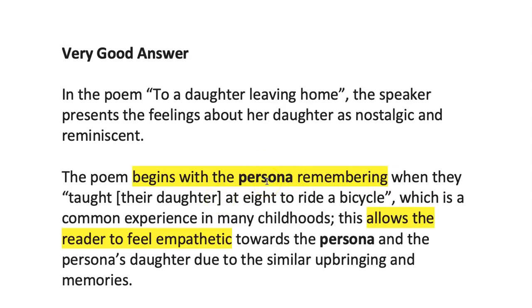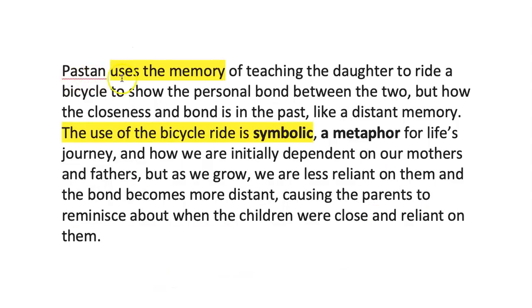Persona is terminology, yellow is a method. "Which is common experience in many childhoods. This allows the reader to feel empathetic towards the persona." So that's another method. "And the persona's daughter due to the similar upbringing and memories. Pastan uses the memory of teaching the daughter to ride a bicycle to show the personal bond between the two."